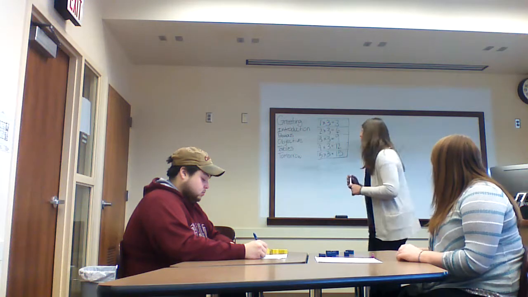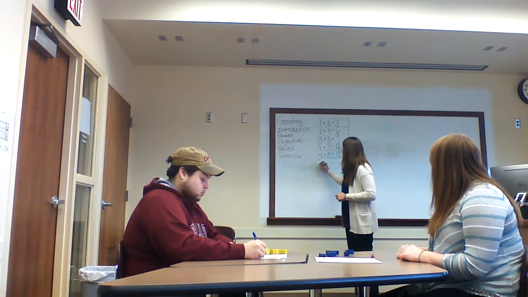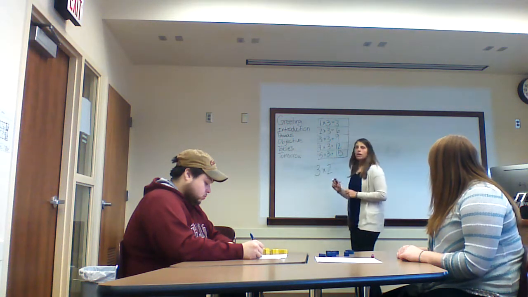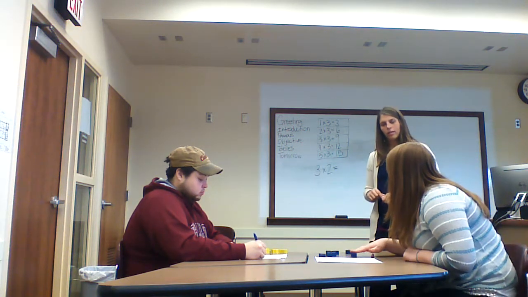And I want to talk about how this could be written like this, or it could be written like 3 times 2. So then how do you think we would solve that, Meg? That's backwards. Yeah, so what do you think we would do with our blocks? Get 2 groups of 3 blocks.